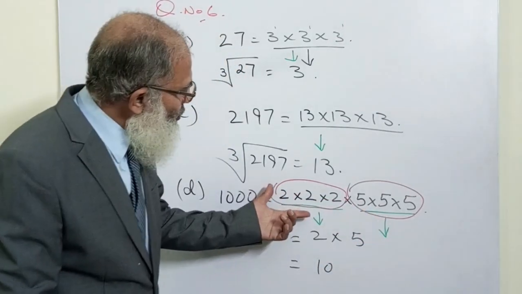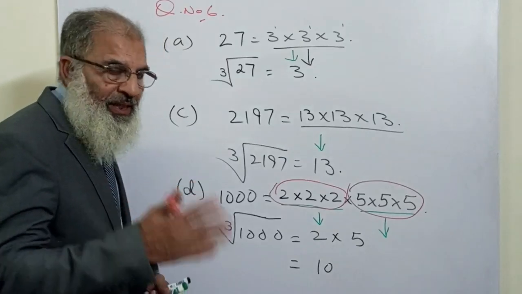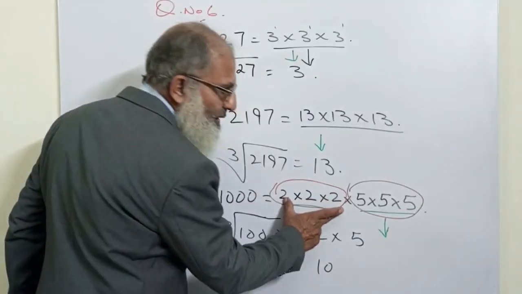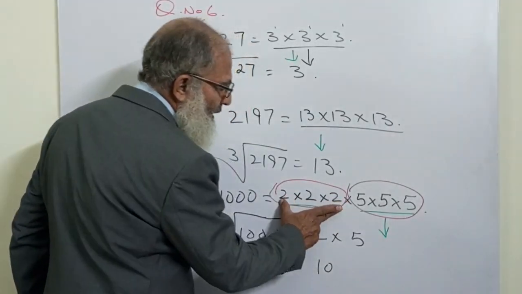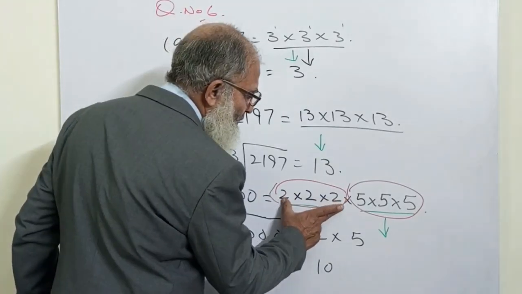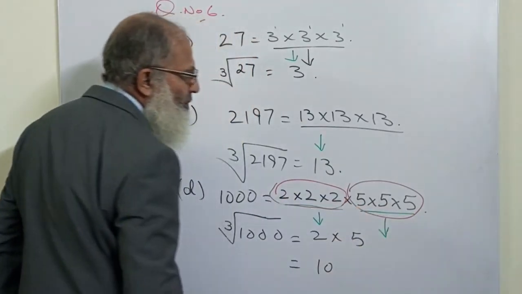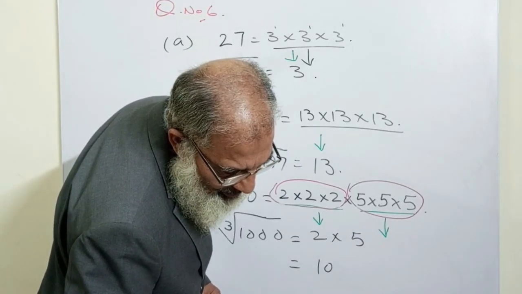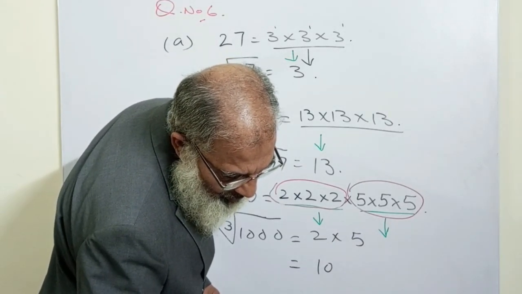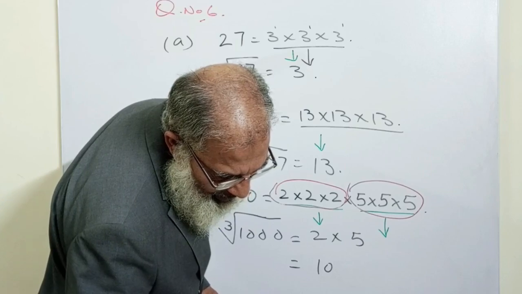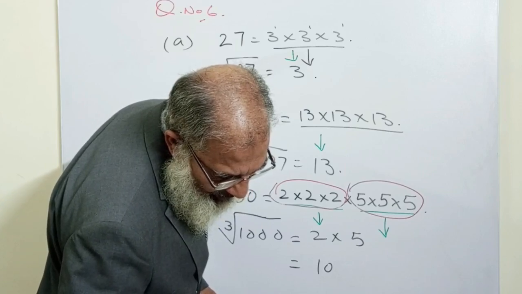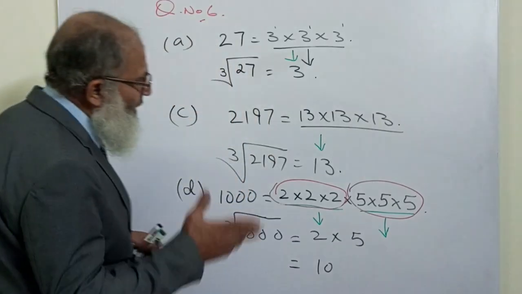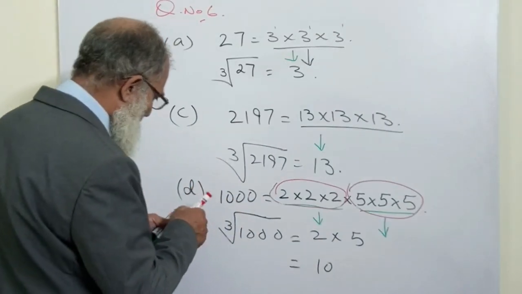That means we have to make groups such that three common numbers form a group, and three common numbers form another group. In one example, there are a lot of twos: 1, 2, 3, 4, 5, 6, 7, 8, 9, 10, 11, 12, 13, 14, 15. There are 15 twos.